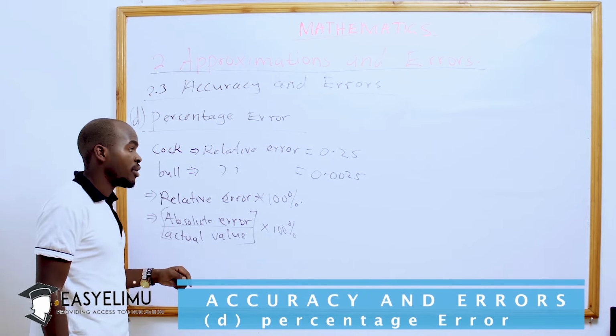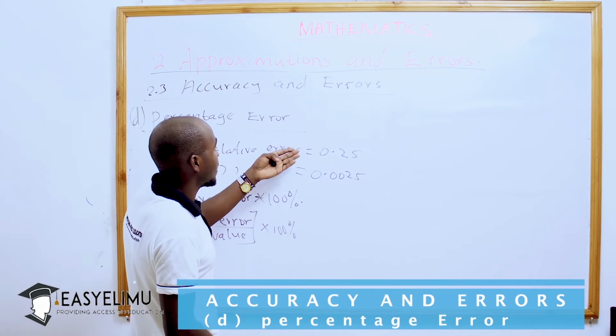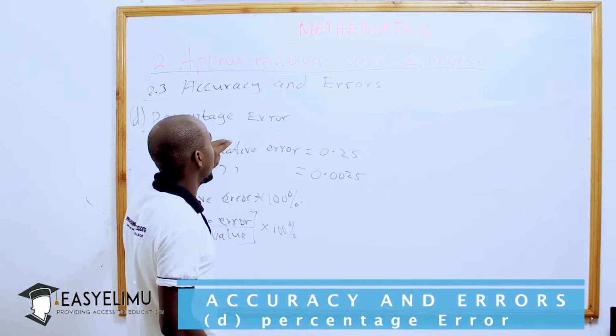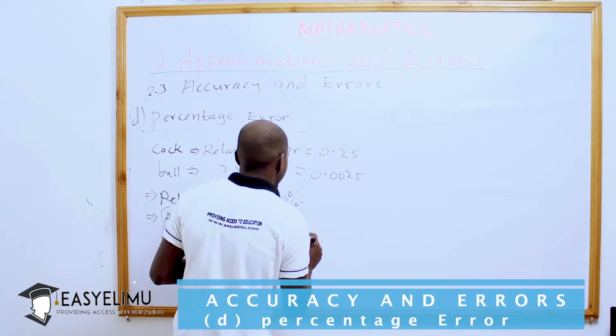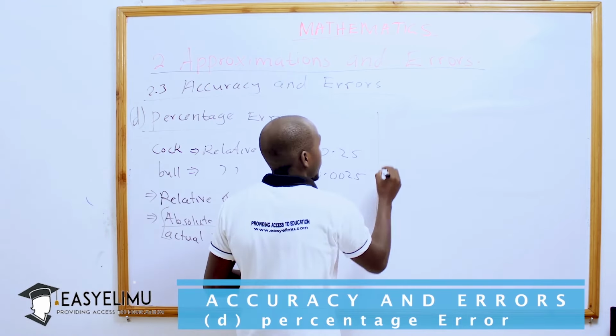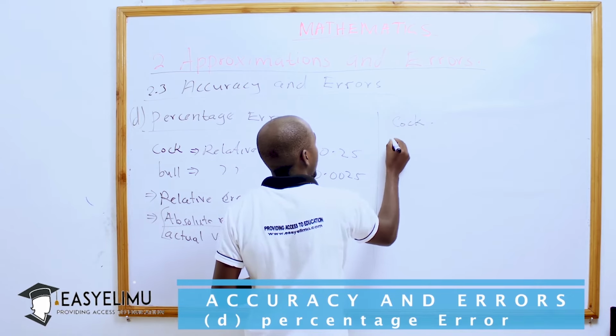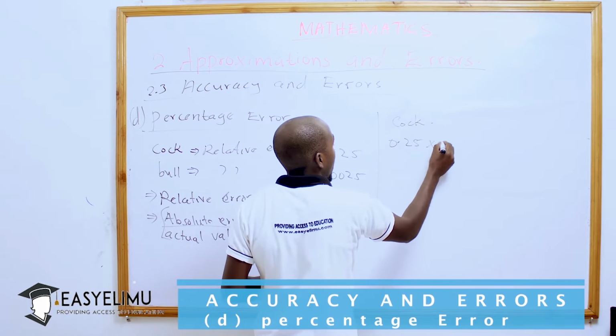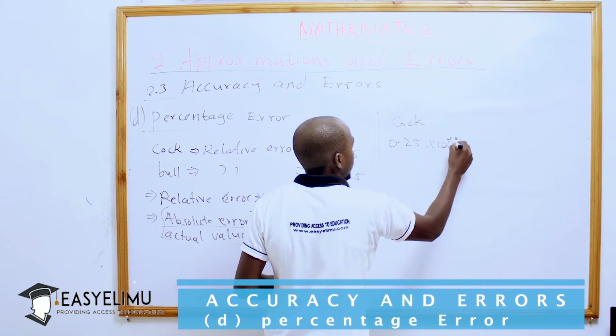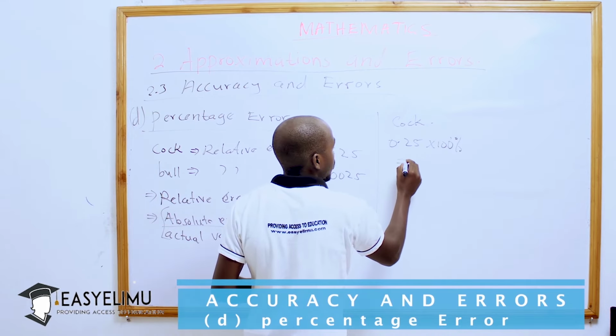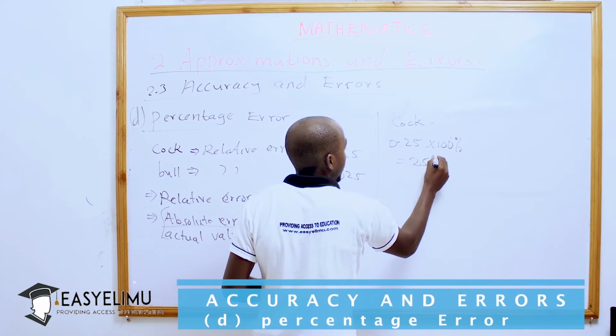It's still the same. For instance, the percentage error of the cock here, for example, we shall find as 0.25 multiplied by 100%. That one is going to give you 25%.